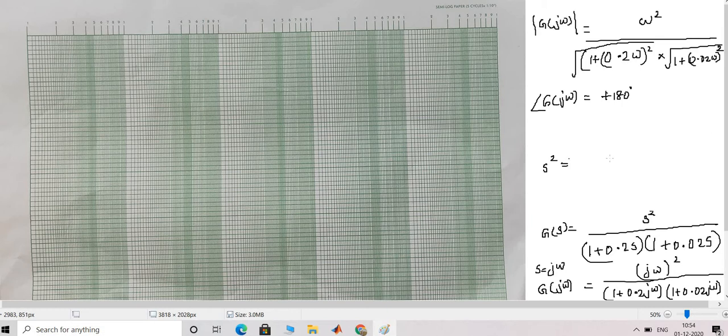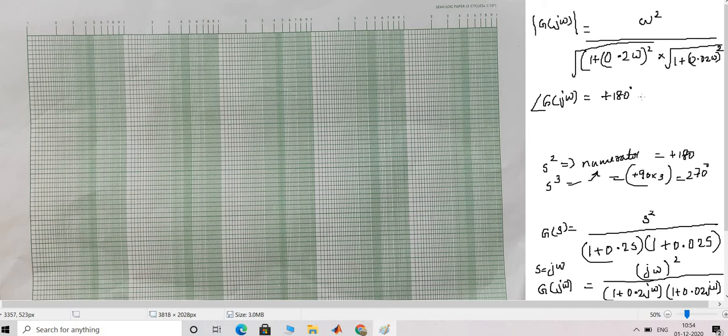Because of this s² term in the numerator, the phase angle will be +180 degrees corresponding to the numerator. If it were an s³ term, it would be +90 × 3, that is +270 degrees. Now we can complete the phase angle equation: +180 degrees.